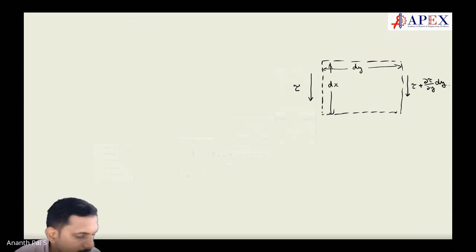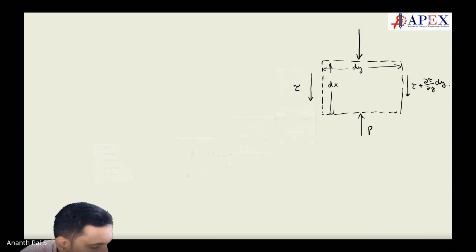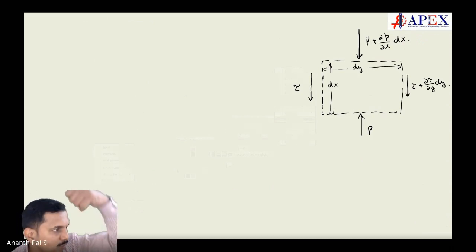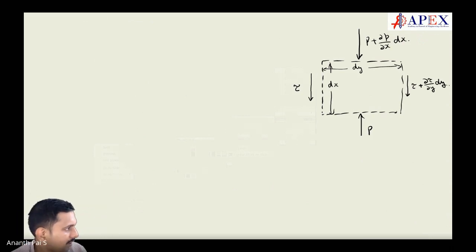Whereas on the other side, there is pressure which is acting. From here, say p pressure is acting, and from the top, there is a pressure which is p plus dou p by dou x into dx that is acting. From dou p by dou x, we know as it goes higher, it becomes lesser, right? But still, let us have that.